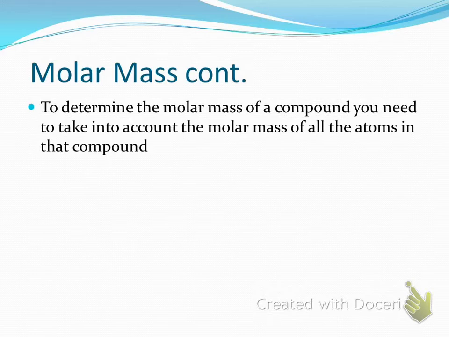Alright, so to find the molar mass of an element, we said was super easy. Look at the periodic table. But to find the molar mass of a compound, we need to take into account the molar mass of each atom in that compound. We're going to look at the compound water first, okay? How many hydrogen atoms do I have in a water molecule? 2 hydrogen atoms.